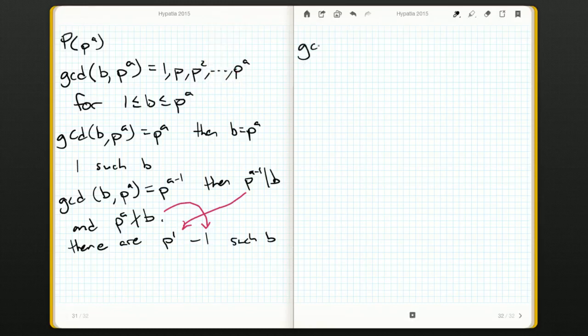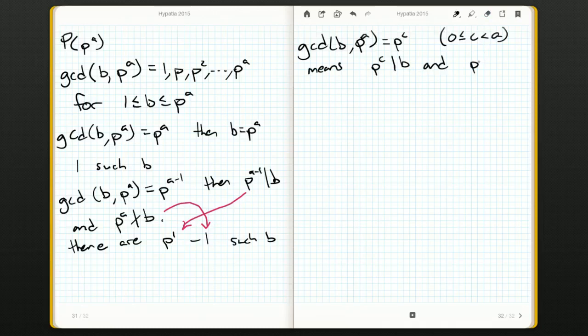And in fact, we can generalize this. GCD of b and p to the a equal, I don't know, p to the c. So p to the c will have to divide b, and p to the c plus 1 is not allowed to divide b.